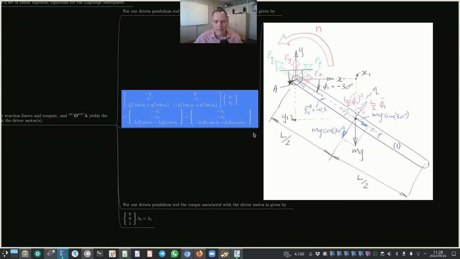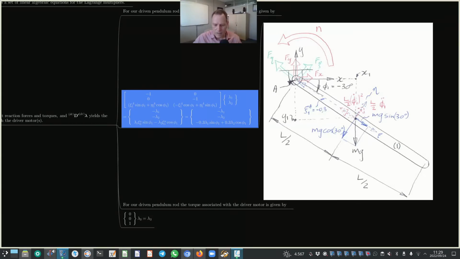The reason is that we've in effect replaced these two reaction forces in the x and y direction with parallel and equal reaction forces at the C of G plus a moment.